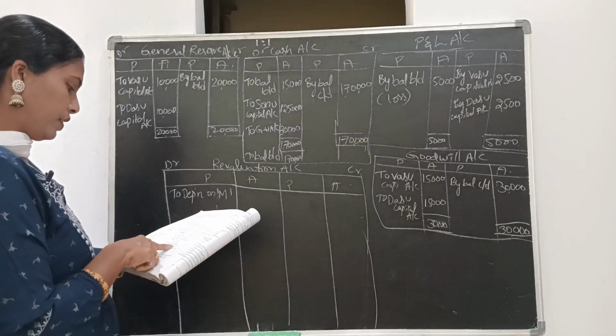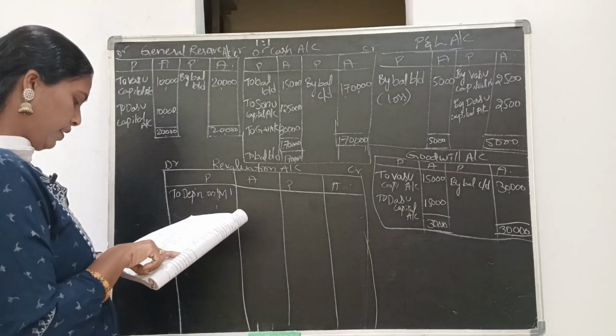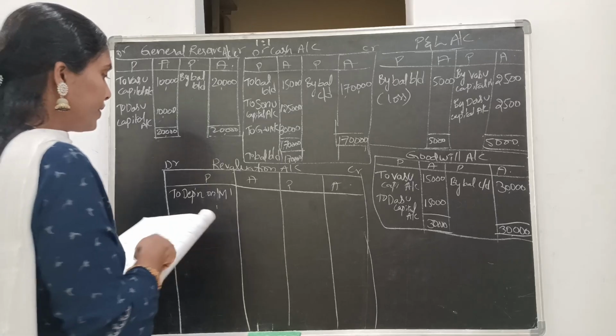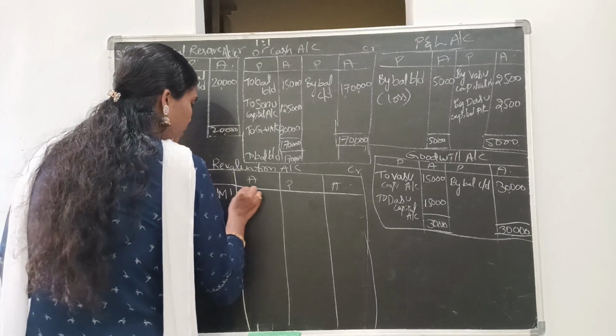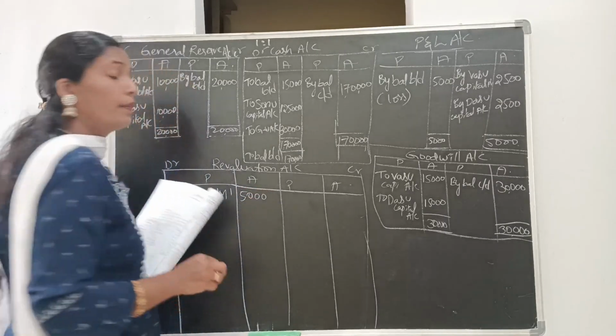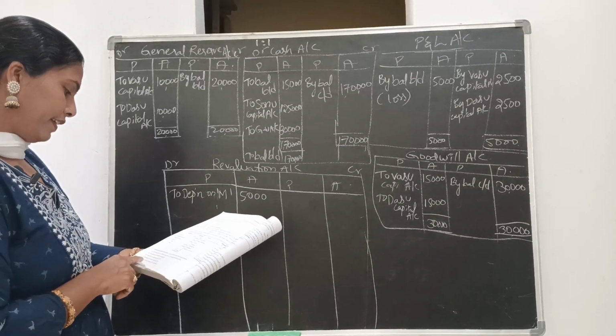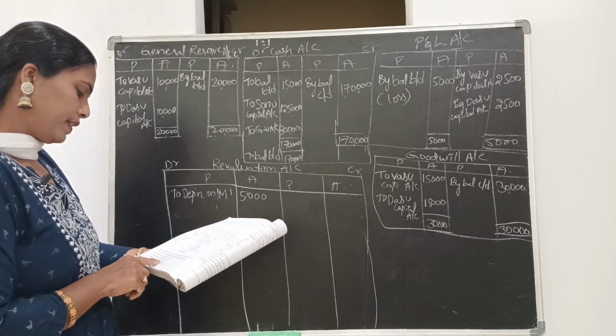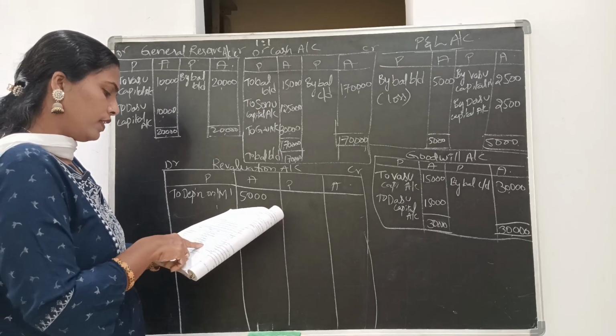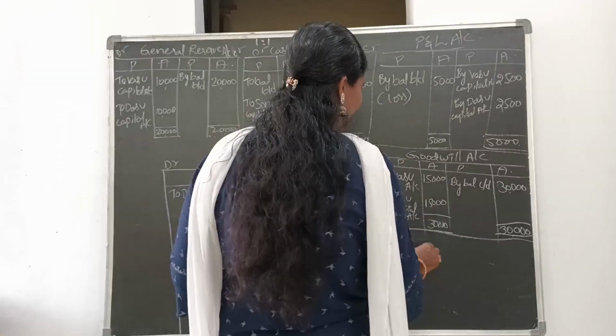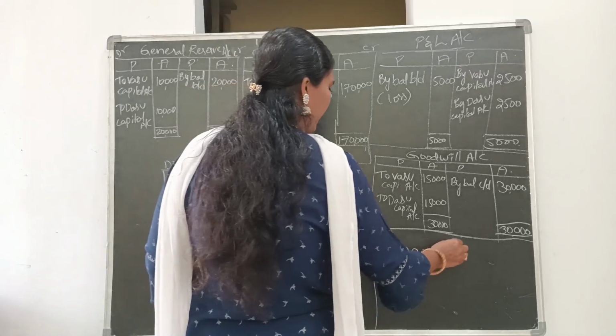What is the value of machinery here? 50,000. 50,000 at 10%, 5,000 is the depreciation value. Next, buildings to be appreciated by 20%. What is the value of building? 70,000 into 20%.